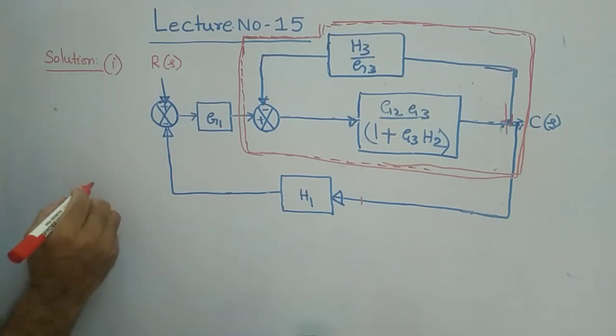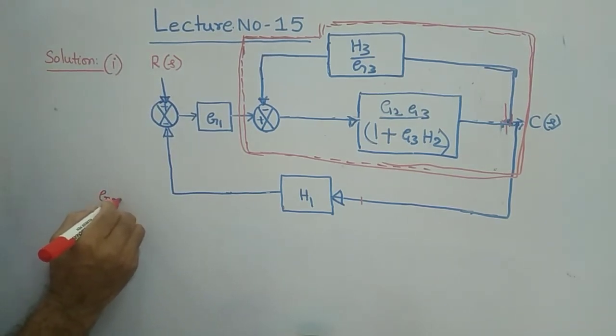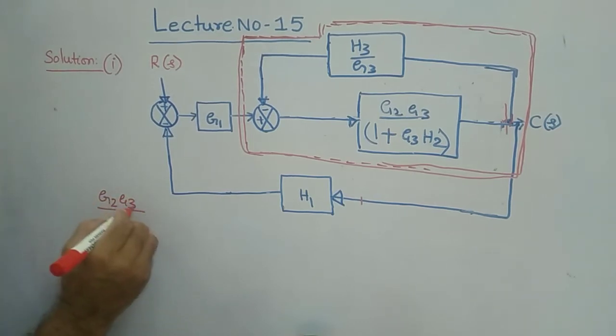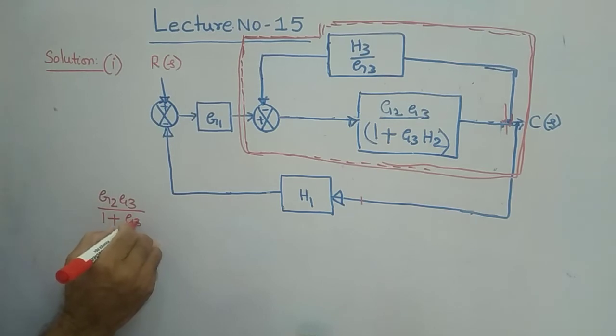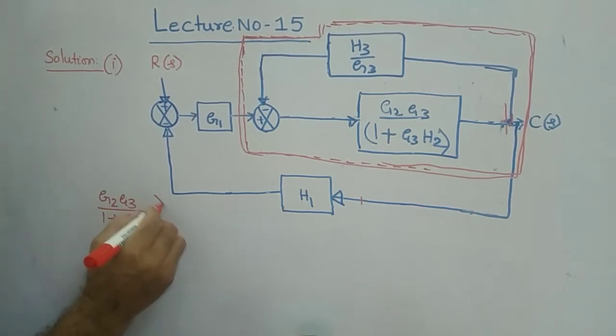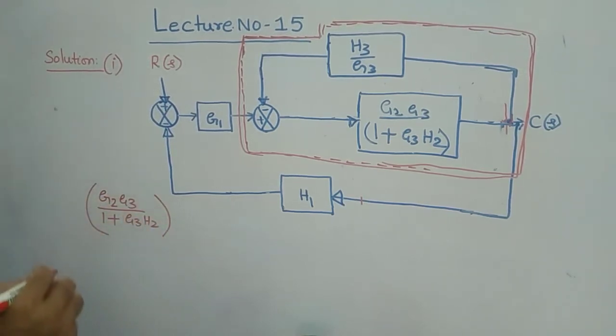So the gain is G2 G3 by 1 plus G3 H2. This is what your gain actually is, is it not?